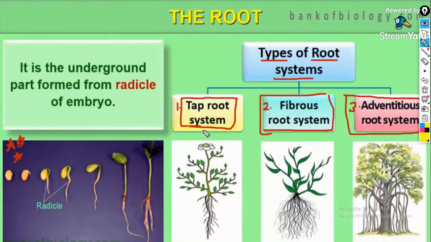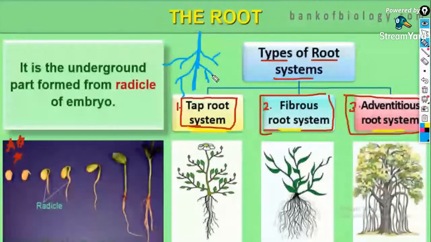Anyway, I'll be explaining it not in a detailed manner, because these are all simple things. There are 3 types of root system, that is taproot system, fibrous root system, and adventitious root system. Taproot means a single primary root will be there, and from that primary root, certain projections come out.